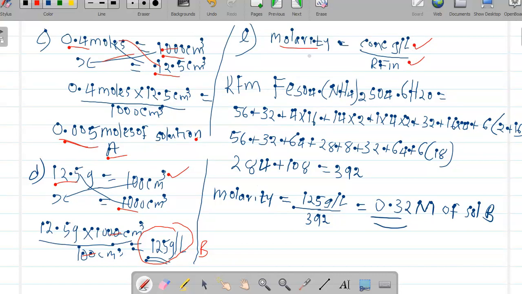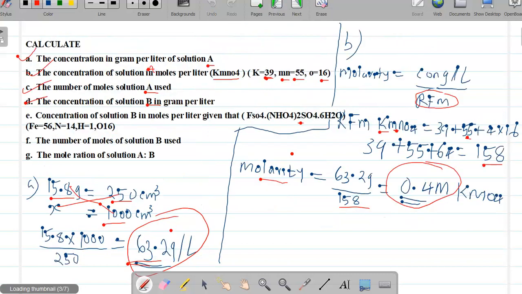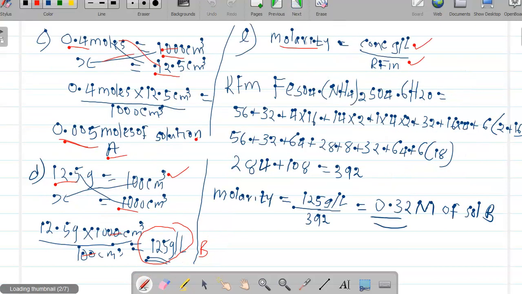Then, how do you get the RFM? RFM of iron 2 sulfate, ammonium sulfate, 6 molecules of water, you calculate it. According to the bracket, the question gives us iron 56, nitrogen 14, hydrogen 1, oxygen 16. Therefore, iron 56, sulfur 32, although it is not provided in the bracket, but sulfur is 32. Oxygen 16, 4 times 16, we have 4 oxygen here.